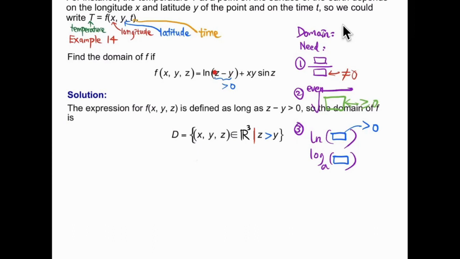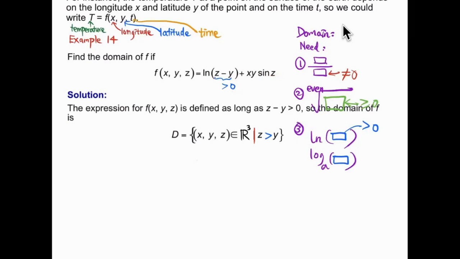And what about this part over here? Well, x times y is a polynomial in x and y, and sine of z is a trig function. For sine, there's no restriction in order for this to be defined. It could be all real numbers, so there is no restriction from this. So the only restriction will be z minus y strictly greater than 0.